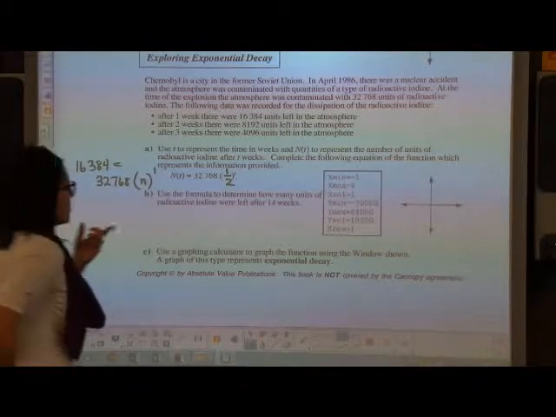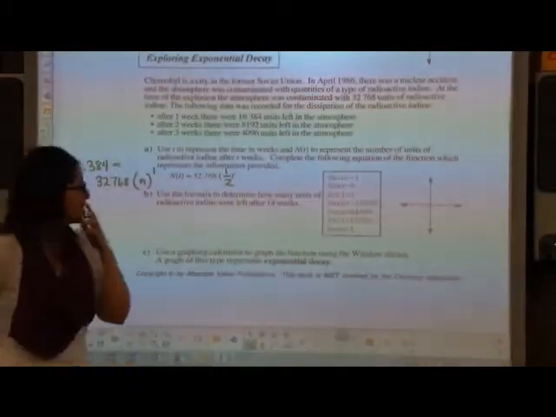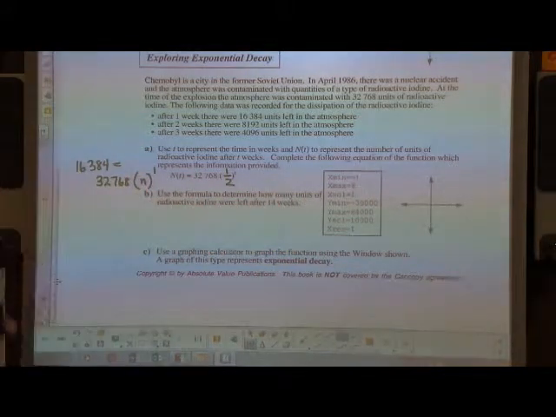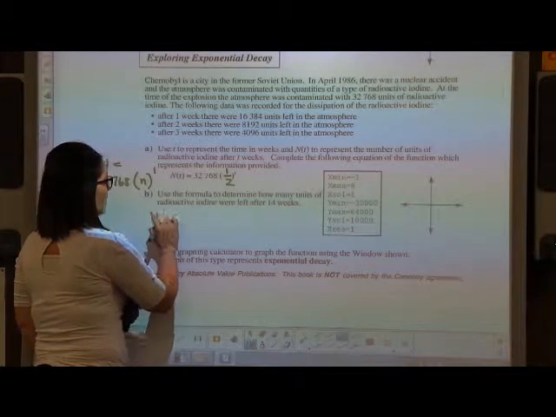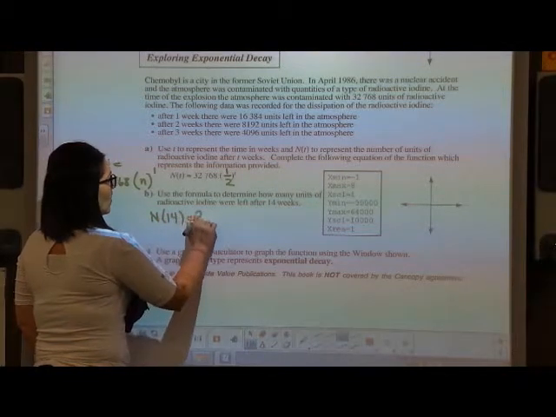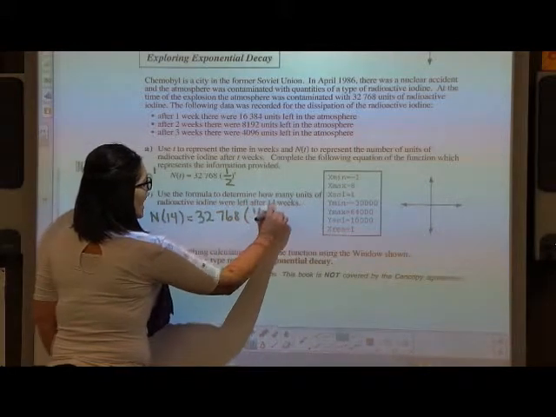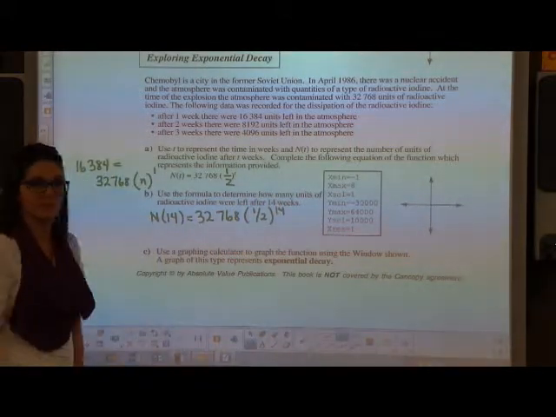Now, does it seem like the amount of units that I have after each week is going down by half? Yeah. So before we graph it, let's determine how many units would be left after 14 weeks. So n of 14 would equal 32,768 times 1/2 to the power of 14.